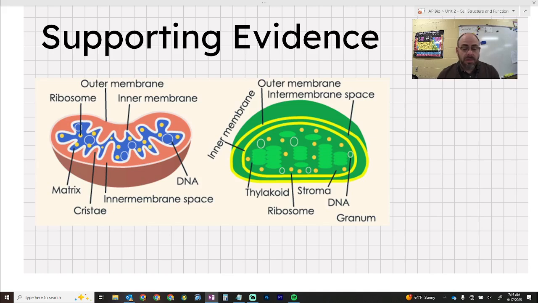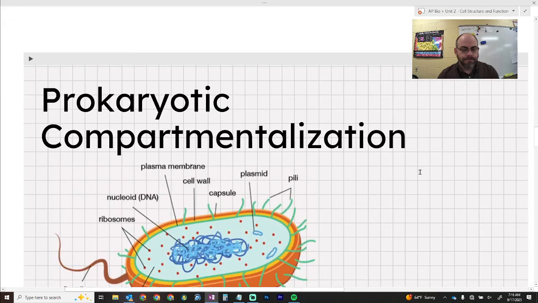They have ribosomes, which would be used to make proteins. All living things have ribosomes, and they have their own ribosomes. And they replicate independently by the process of binary fission. So mitochondria and chloroplasts replicate themselves rather than depending on cellular machinery to do that. This is supporting evidence.